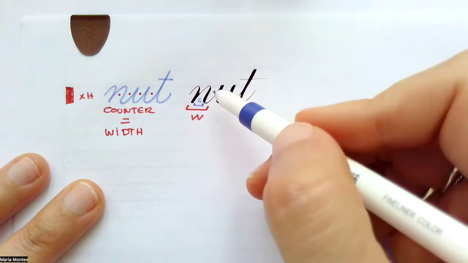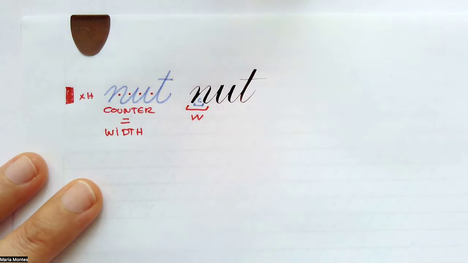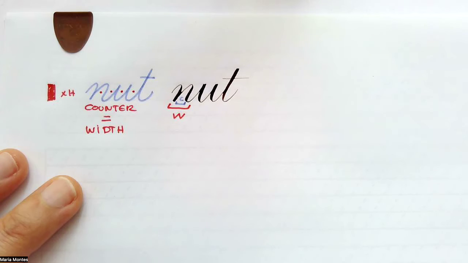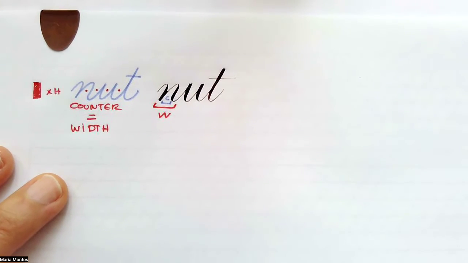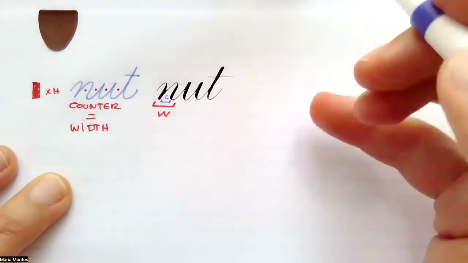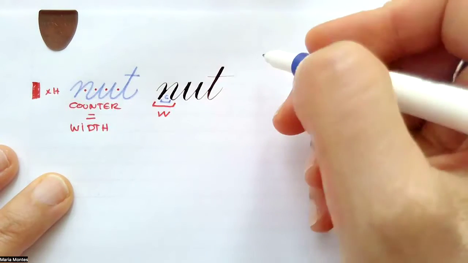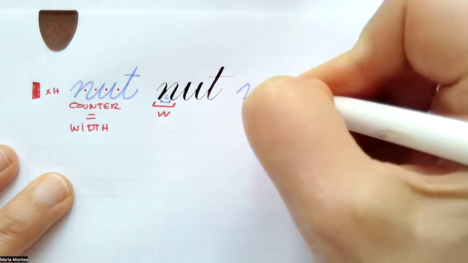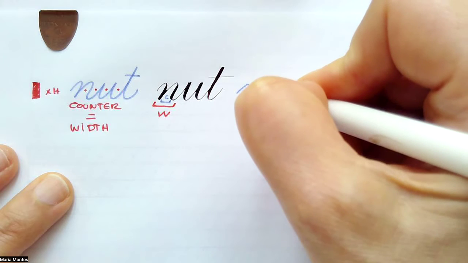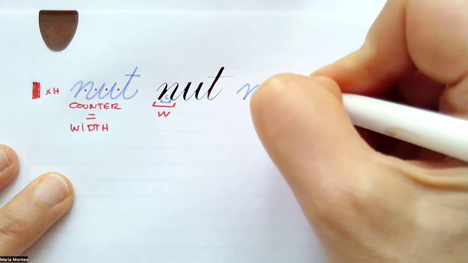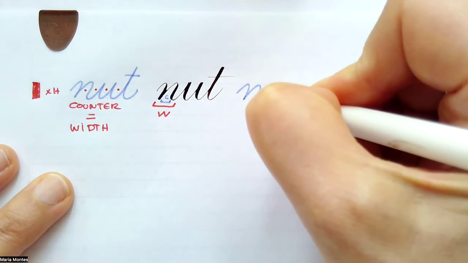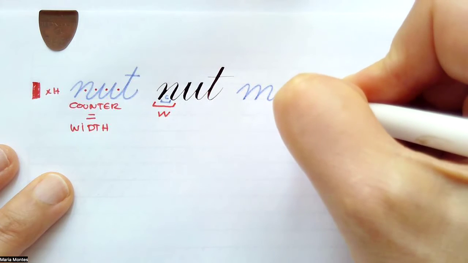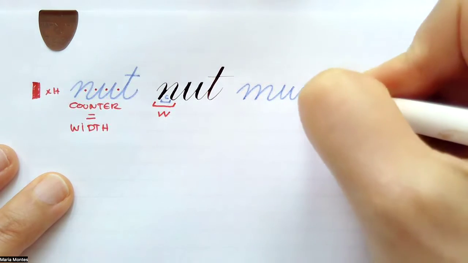As a general rule, I'm going back to my ballpoint pen. If we are writing, for example, the word "mom", the width of the first arch of the M determines the width of my other letters, and I try to be consistent.